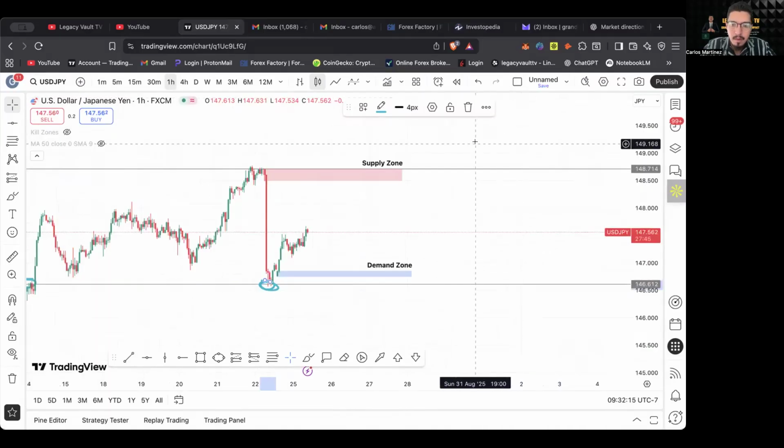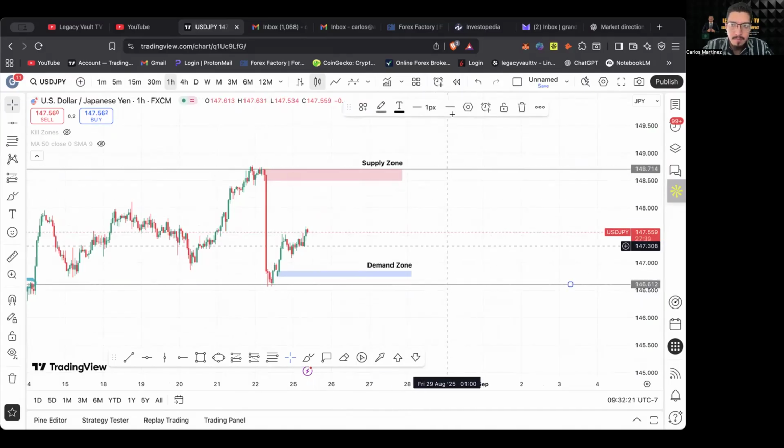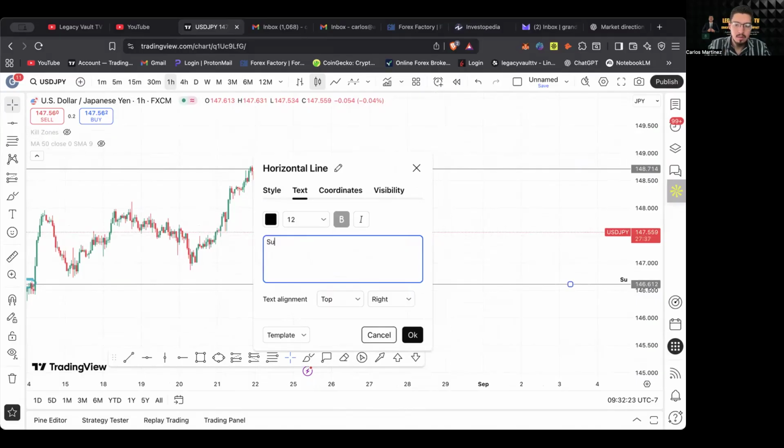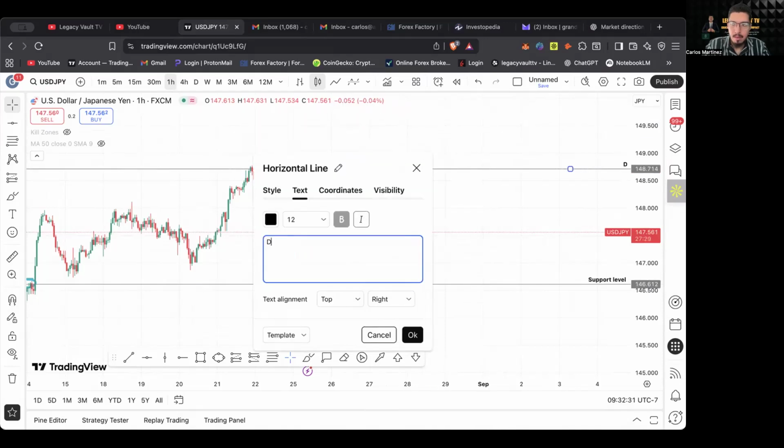So this is a strong resistance level and support level.